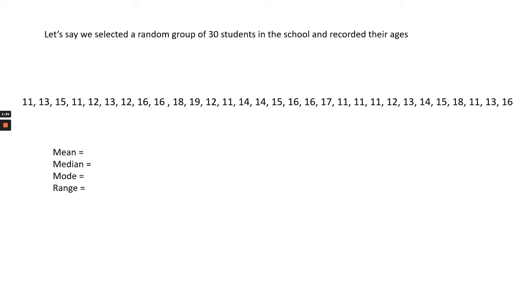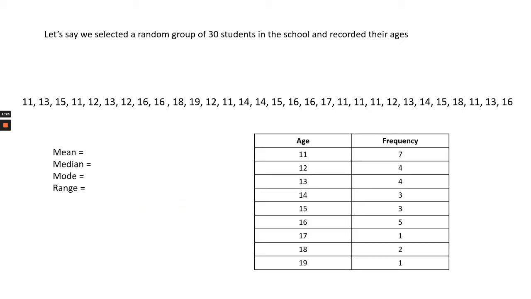Now, as I say, all of that's something you can do, but it's not necessarily a very easy process. So what we're going to start doing is putting our data in a table like this. What I've done is I've listed all of the ages, and then we've counted each of them. So here, this frequency column means that there are 7 people aged 11.